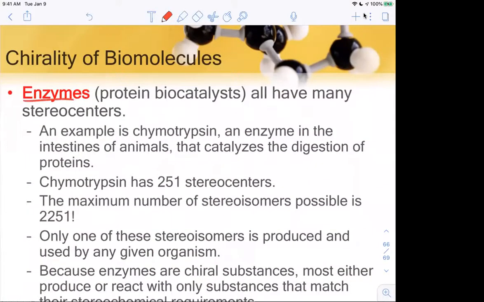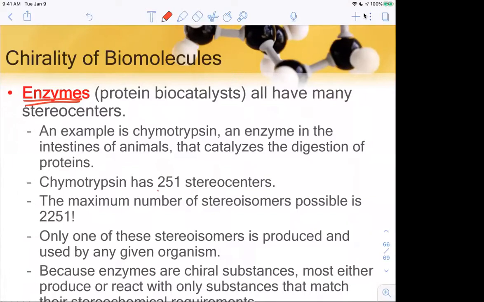Enzymes, which most people in this class are familiar with because they've taken biology, have many stereocenters because they're made of amino acids, and we have 20 natural amino acids. 19 of those are optically active because 19 of them have chiral centers, except for glycine.